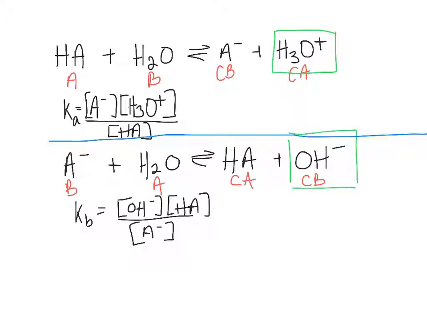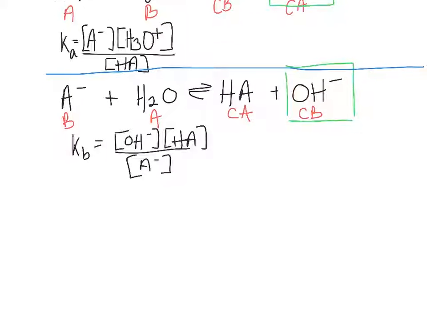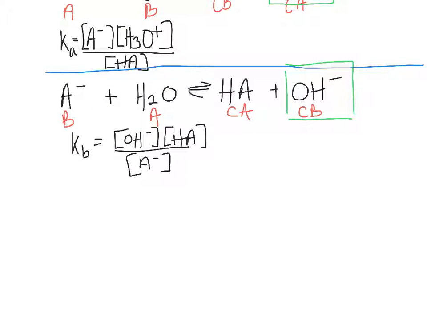And this is where math is going to come in. So we know H3O plus times OH minus is equal to 1 times 10 to the negative 14. We can find the hydronium or the hydroxide ion if we know the other.